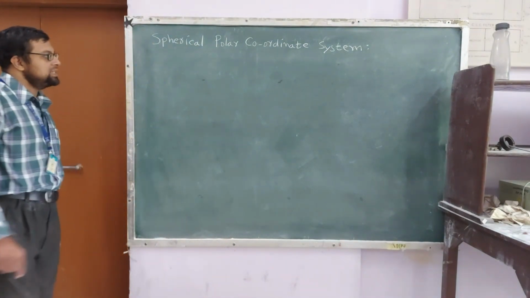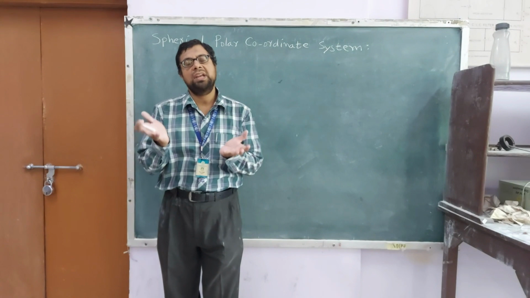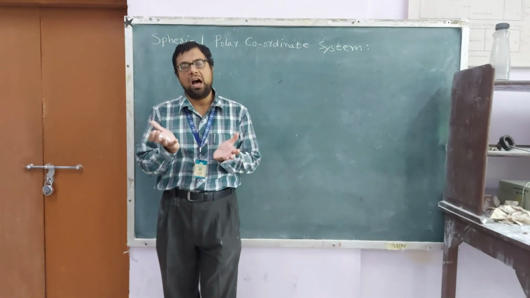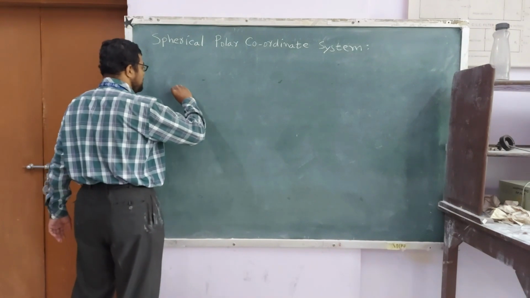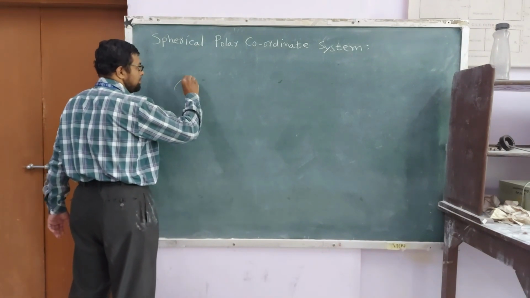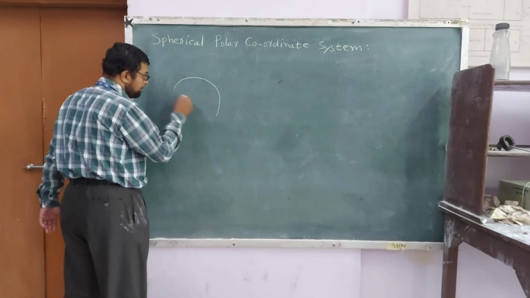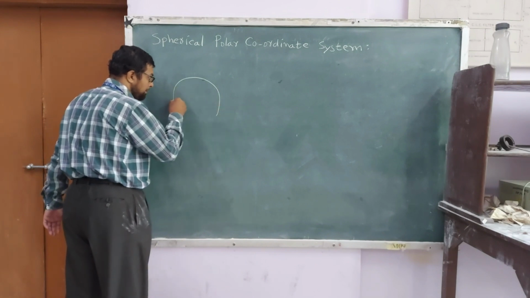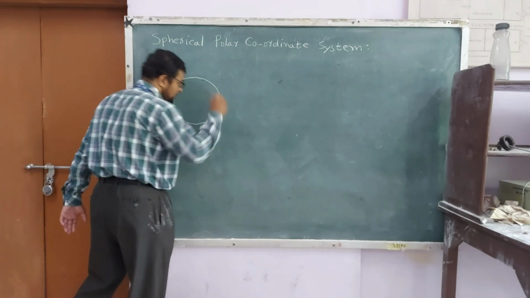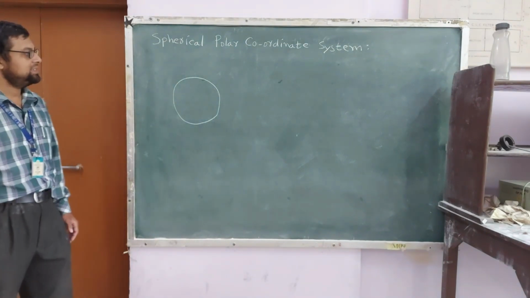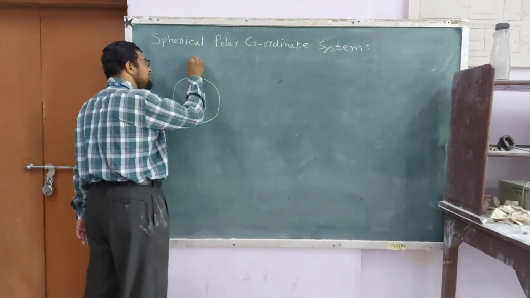So for that purpose, first of all we have to consider a sphere whose radius is r. So I will draw a sphere, try to draw a sphere. So suppose that this is a sphere and its radius is nothing but r.